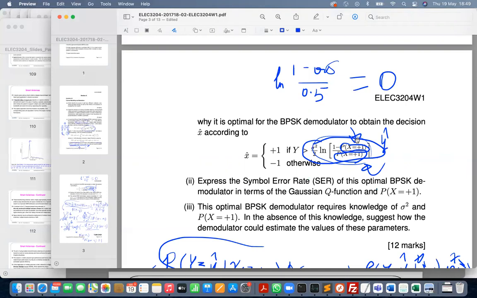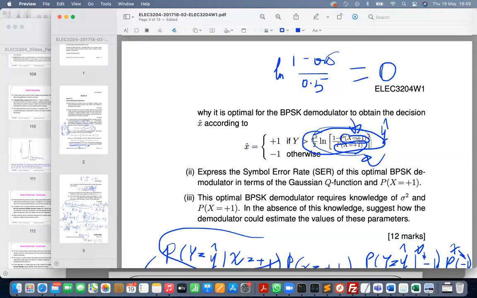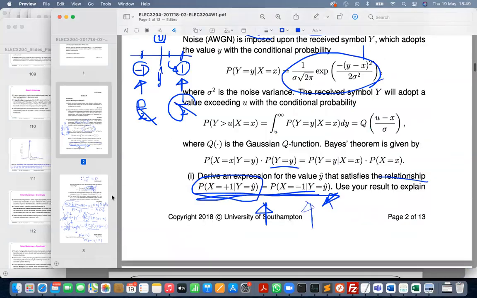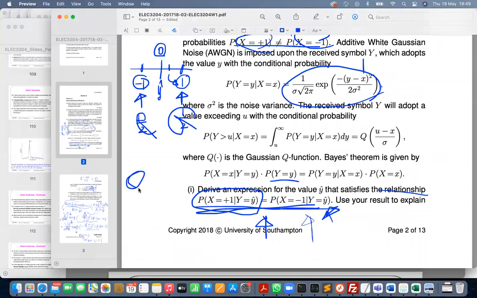So the second question is also a little bit difficult because before, what did I have before the Q function? A divided by sigma. But A here actually is the distance between the constellation point and the decision boundary.